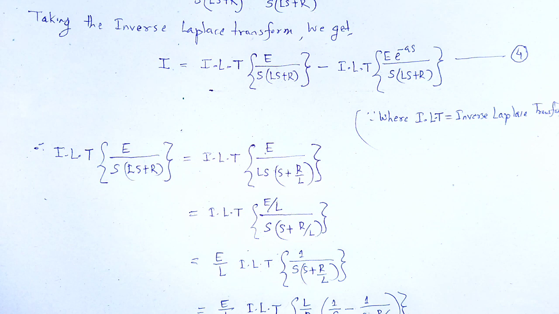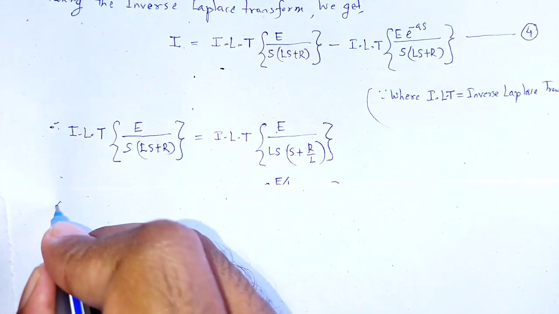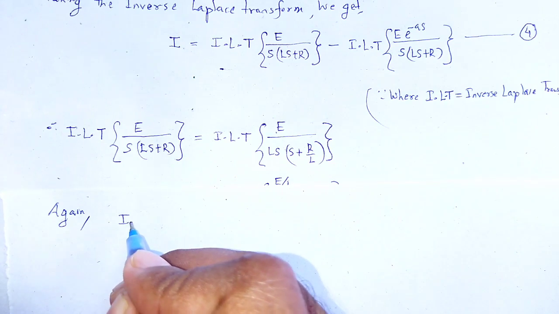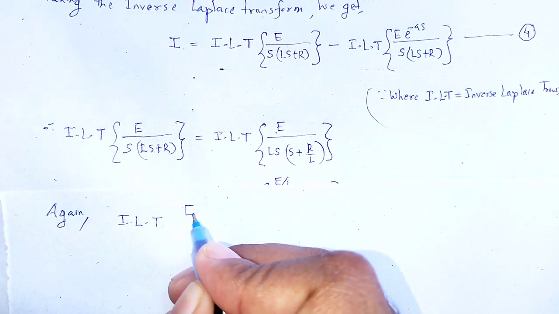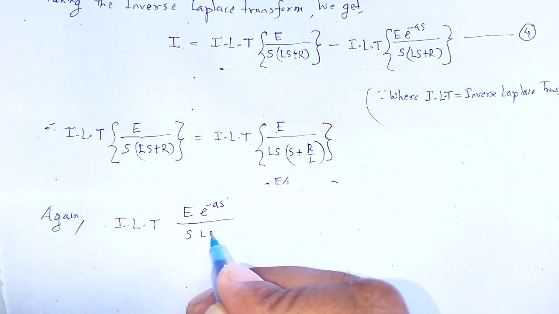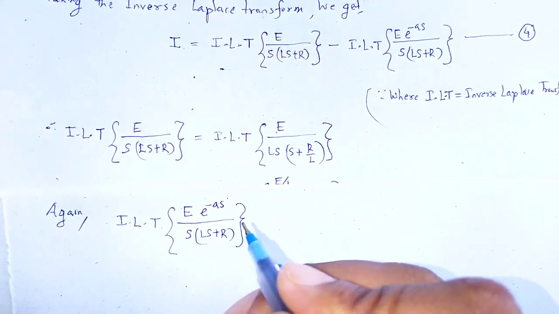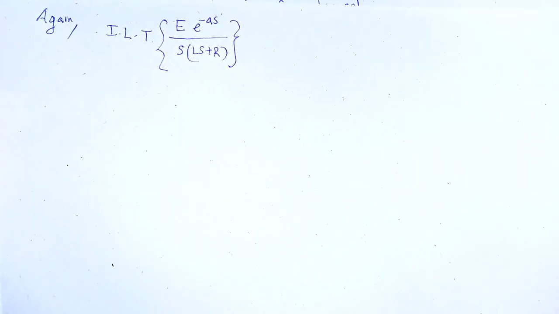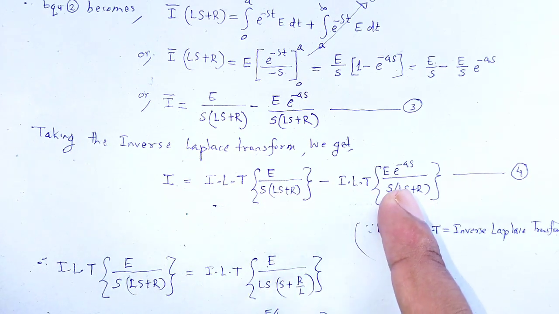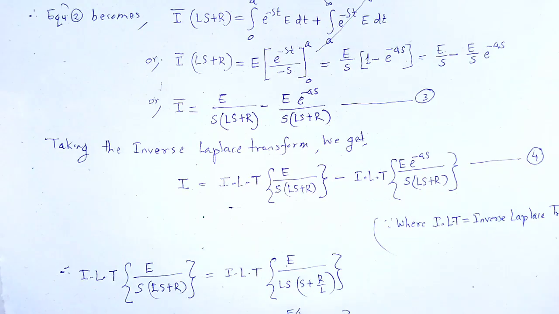Again, the inverse Laplace transform of E into e to the power minus as divided by s whole into Ls plus R. Same term, that term is very similar to this term, but e to the power minus as is multiplied.